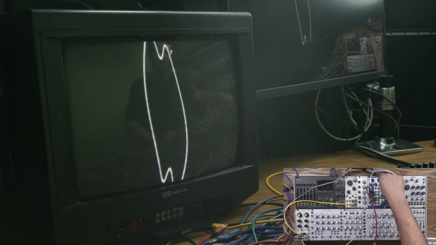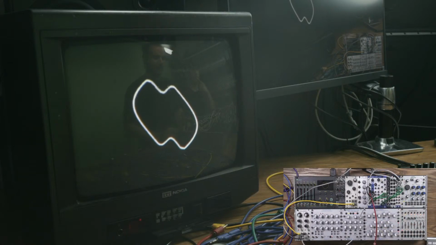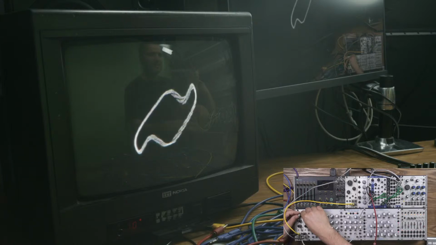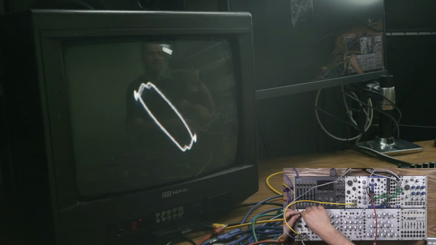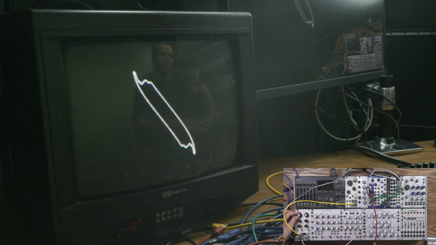Let's correct the size so we have it in frame, and as I change the phase, it starts to draw different outlines like this.